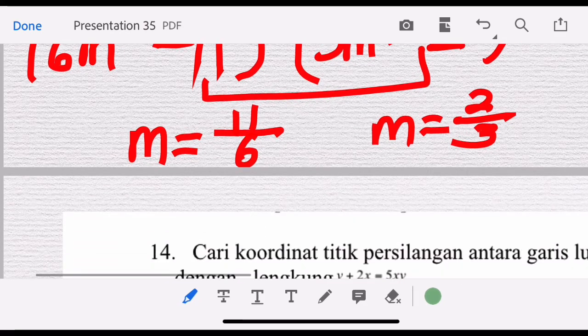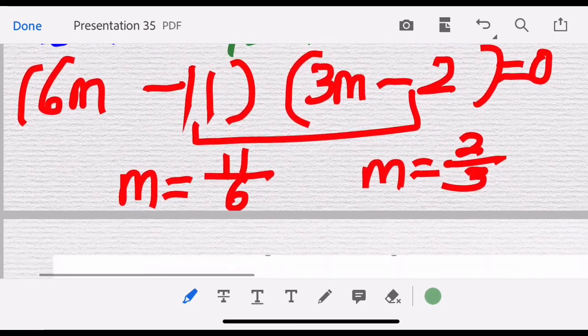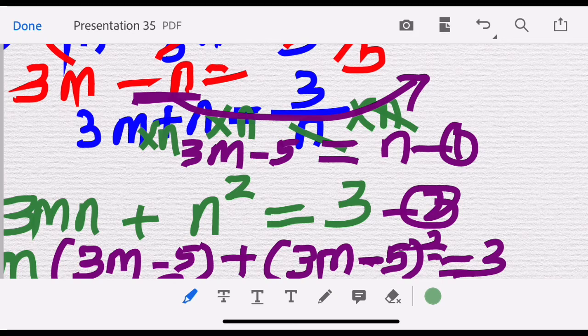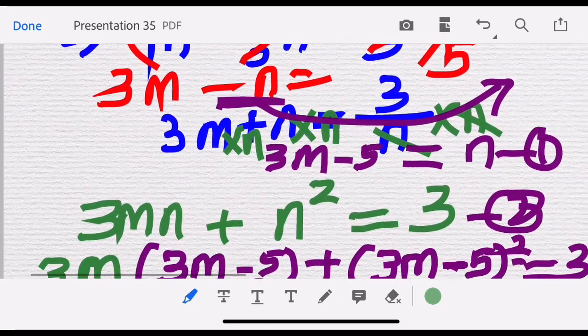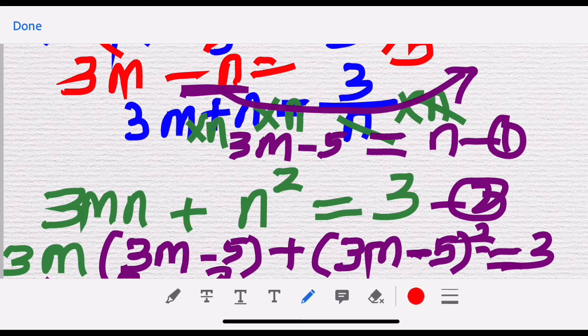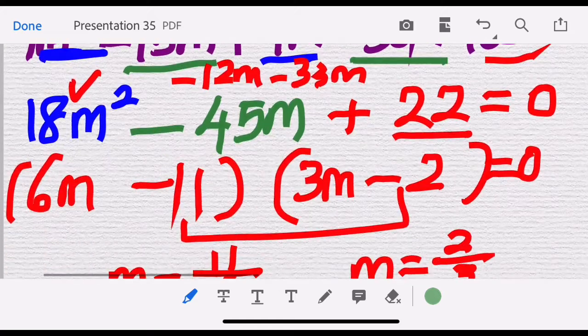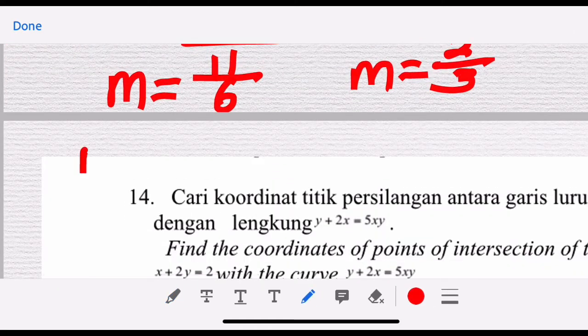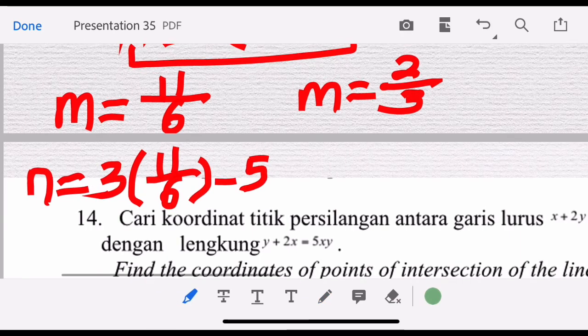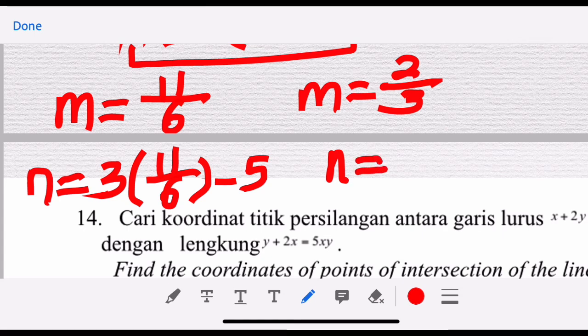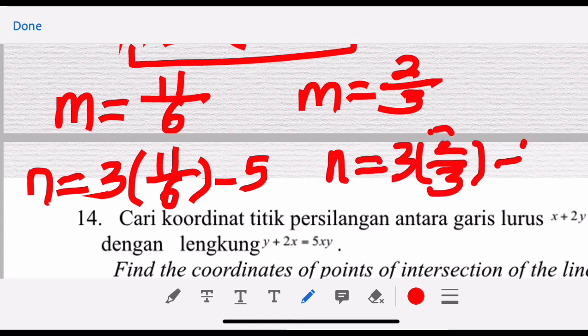Okay, so let's solve the other unknown, whereby we have to substitute back into the first one. We choose this one, which can give us the answer for n, which is 3m minus 5. So n equal to 3 times 11 over 6 minus 5. And the other answer is n is equal to 3 times 2 over 3 minus 5, right?